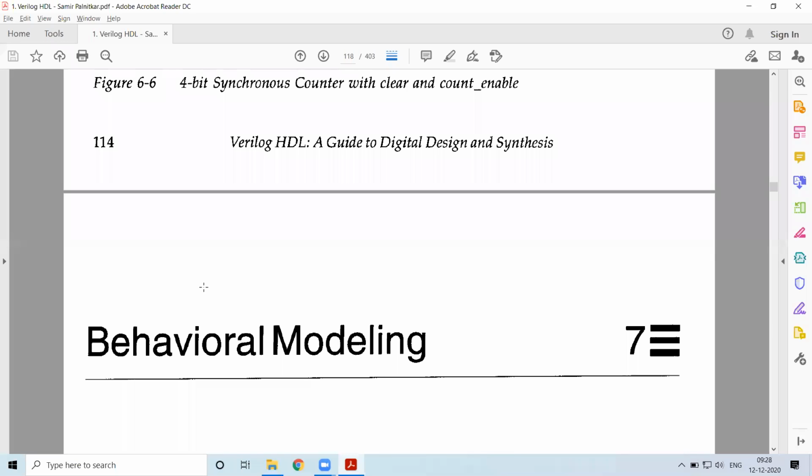Based on that, you instantiate the gates. In data flow modeling, a slightly upper version, you directly specified what is input, what is output, and what has to be done using operators, for example logical operators, without bothering about how that is done internally.